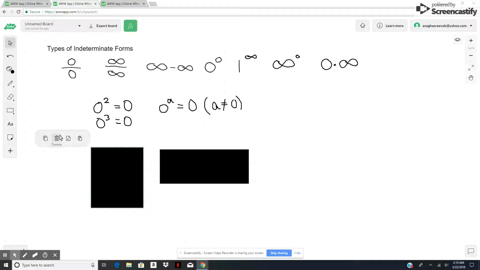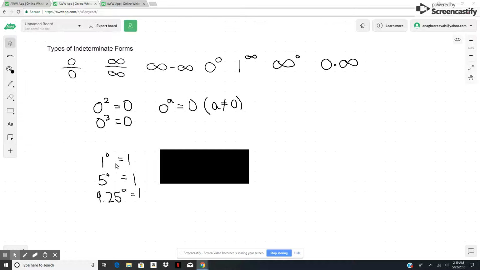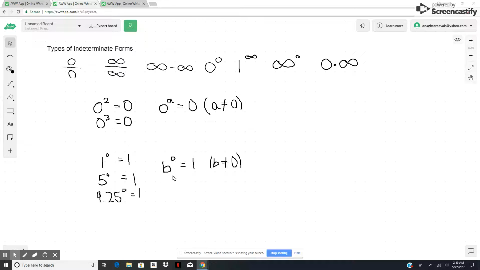On the other hand, any number raised to the power of 0 is always 1. So 1 to the power of 0 is 1, 5 to the power of 0 is 1, and even 9.25 to the power of 0 is 1. So b to the power of 0 is always 1, except for when b equals 0.